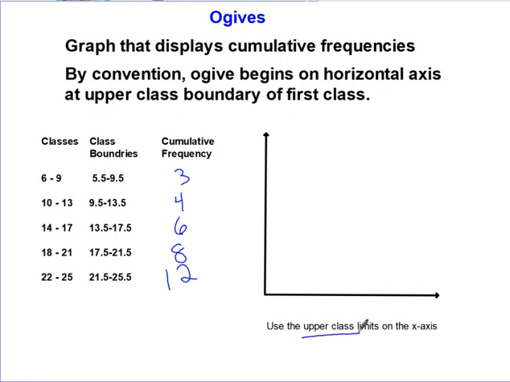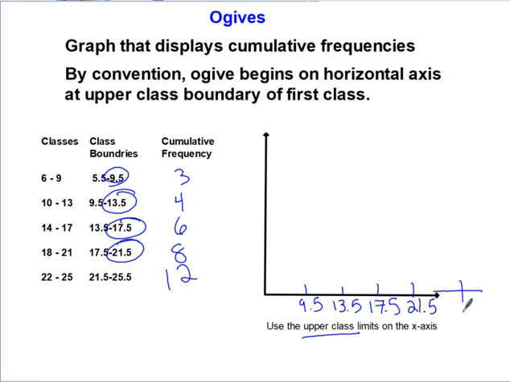Now it's going to be your upper class limit: 9.5, 13.5, 17.5, 21.5, 25.5. And I'm going to have to put 1, 2, 3, 4, 5, 6, 7, 8, 9, 10, 11, 12 on the y-axis.